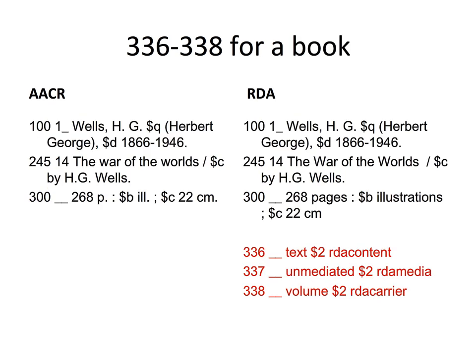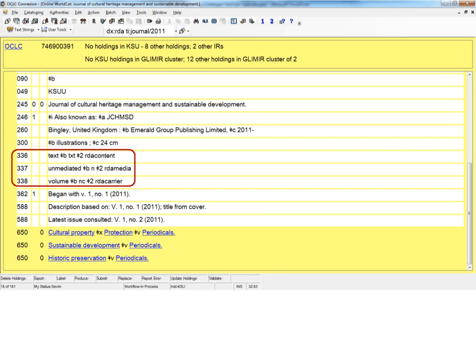Here are the standard content, media, and carrier types for a book: text, unmediated, volume. Here's an example of a print serial. Print books and print serials have the same contents in the 336, 337, and 338 fields. That is, the content type, the 336, is text. Optionally, it's followed by a subfield B containing a code that means text. Then it's followed by a subfield 2 specifying that this is RDA content.